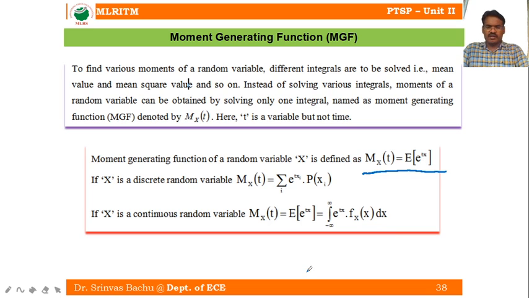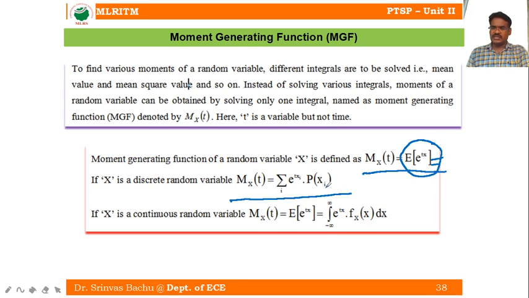My random variable is either a discrete or a continuous random variable. If the random variable is discrete, then M_X(t) equals the summation of e to the power t x_i into the corresponding assigned probability p(x_i). Why summation? Because expectation in the discrete case is a summation.